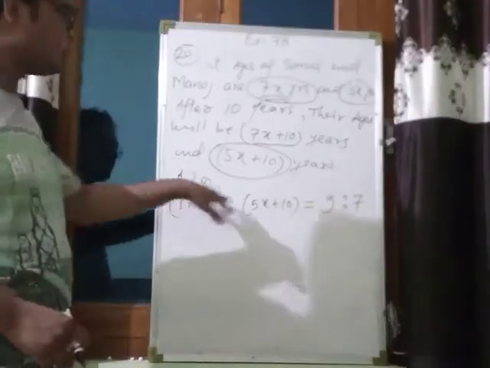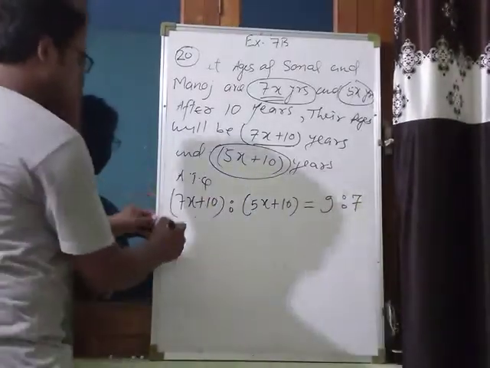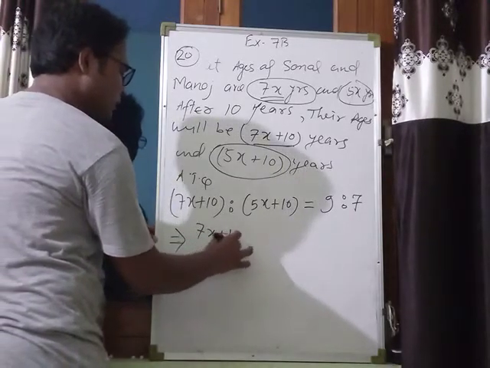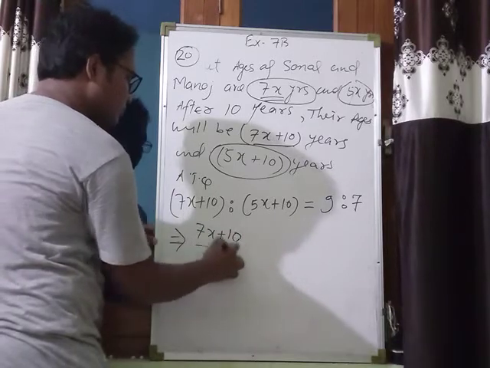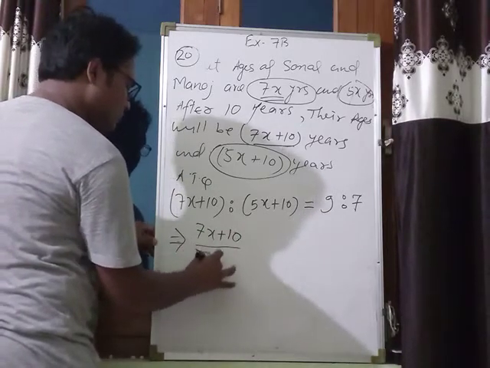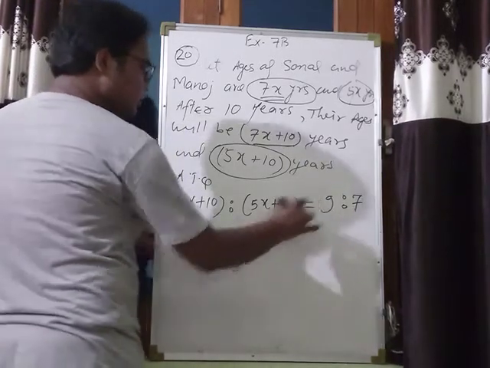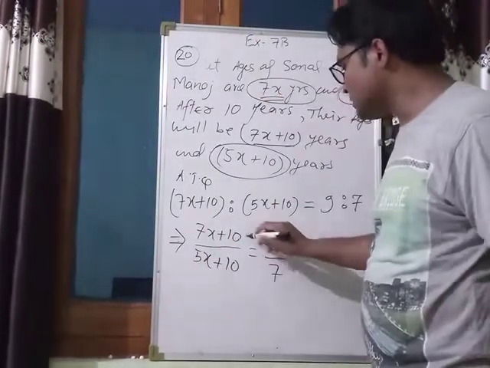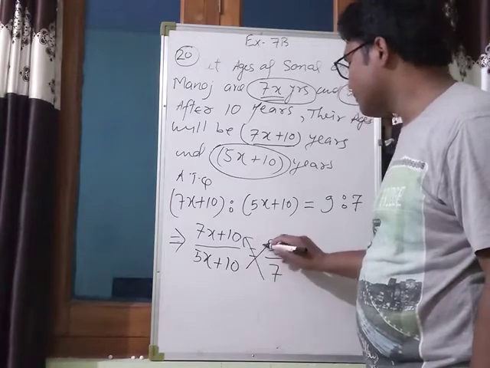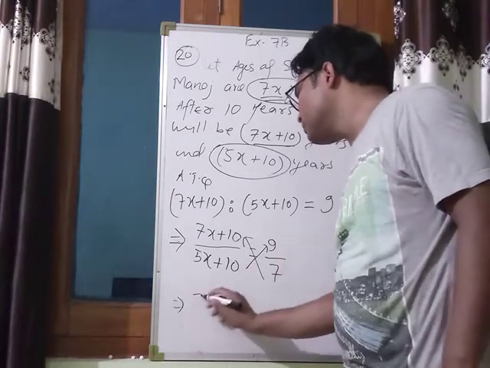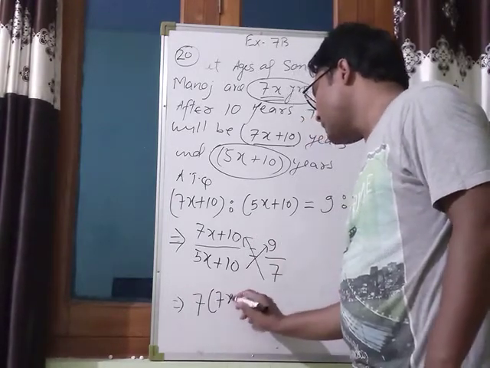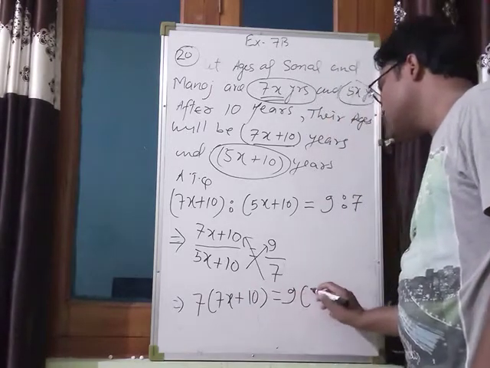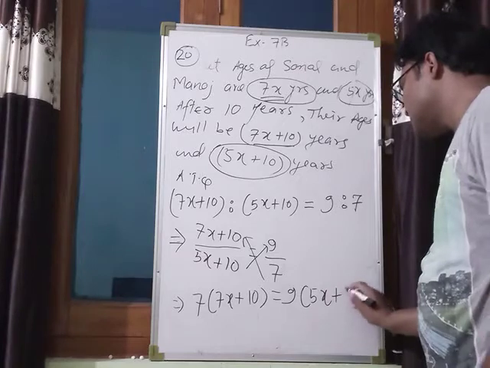So solve this equation. This can be written as (7x plus 10) upon (5x plus 10) equal to 9 upon 7. Now doing the cross multiplication, we have 7 into (7x plus 10) equal to 9 into (5x plus 10).